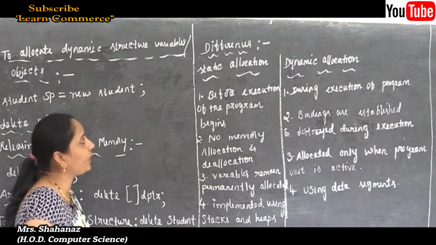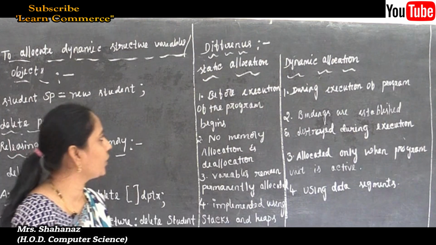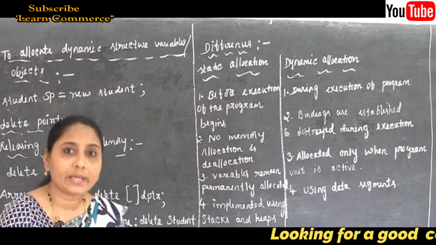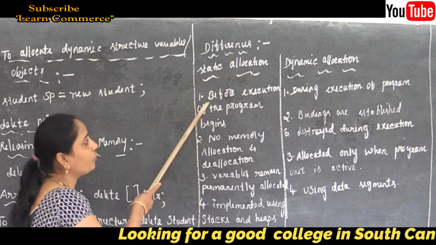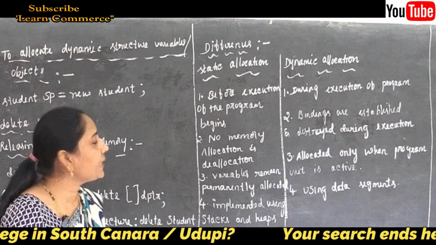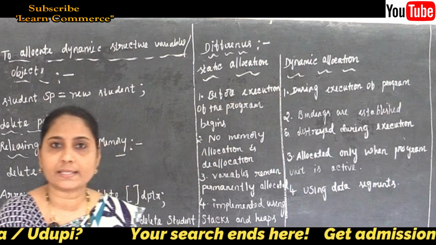First, the difference about our static allocation. In static memory allocation, the memory is allocated before execution of the program begins, correct? Why?